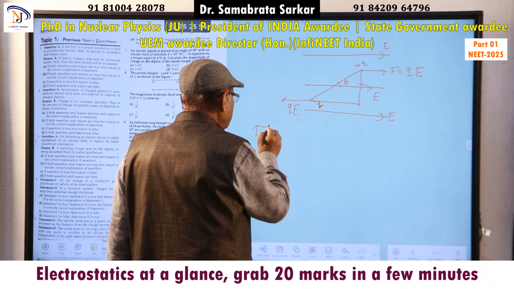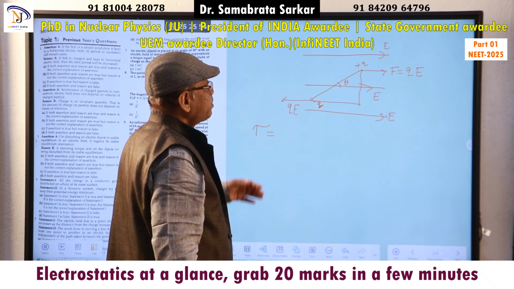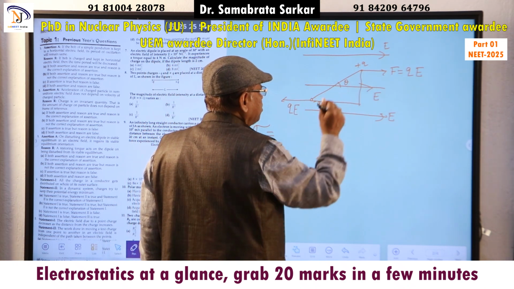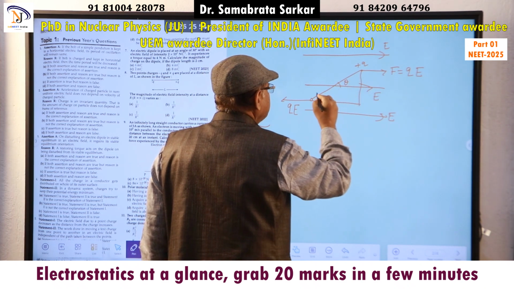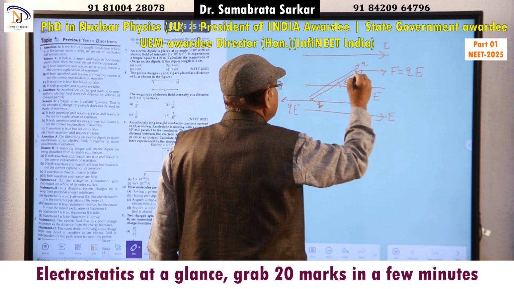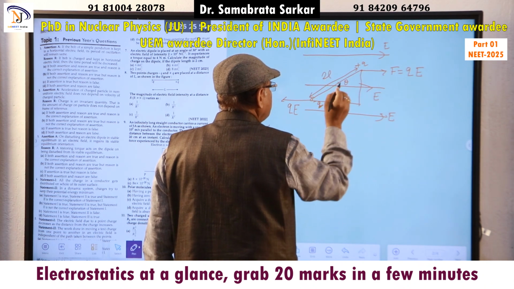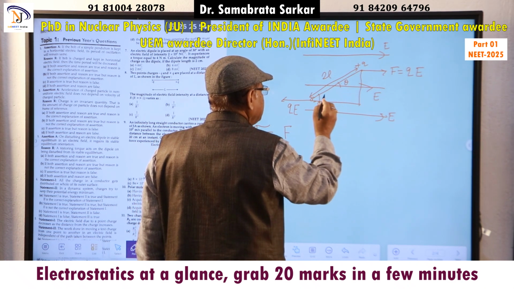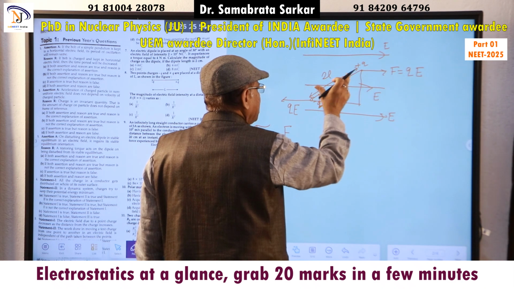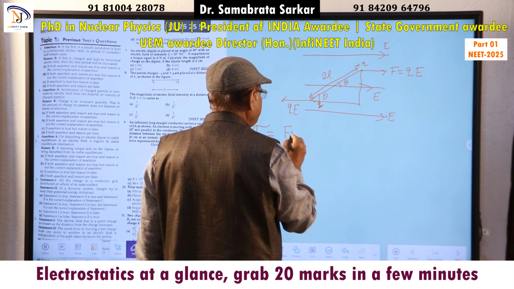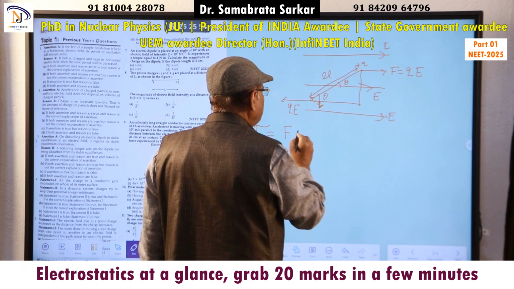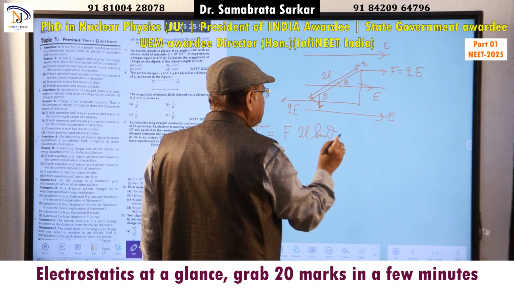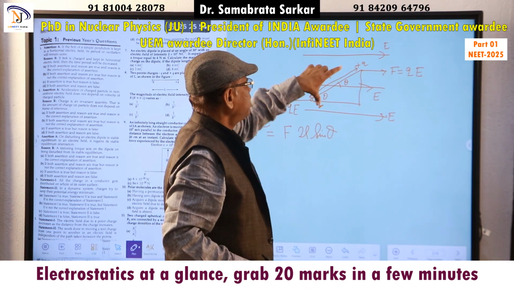Tau is nothing but the force into the perpendicular distance between them. What is the perpendicular distance? If this is 2L, and the angle is theta, then this will also be theta. Perpendicular by hypotenuse. So F into 2L sine theta, because perpendicular by hypotenuse.